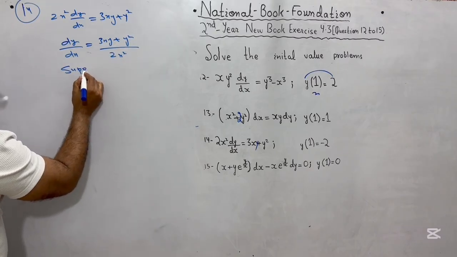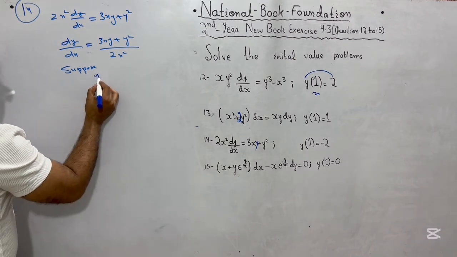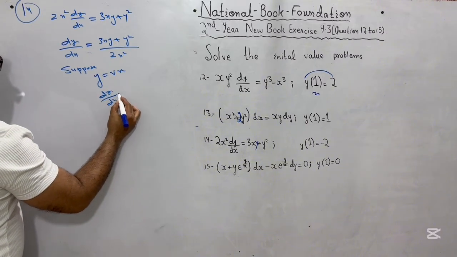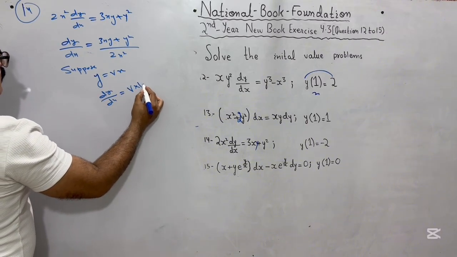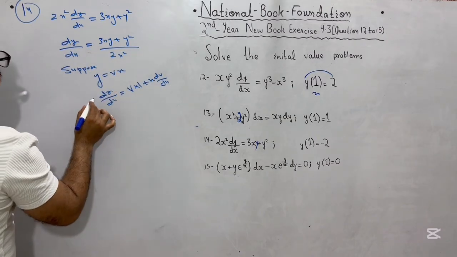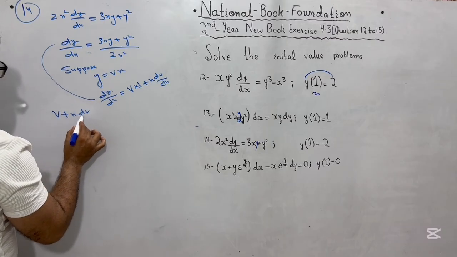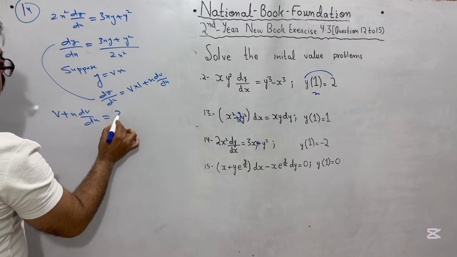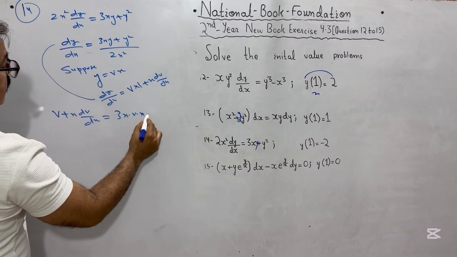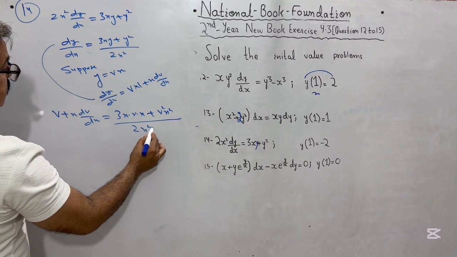Suppose y is equal to vx. In order to convert a homogeneous to a separable differential equation by using this substitution, differentiate dy over dx, apply the product rule here: v times 1 plus x times dv over dx. Product rule, manage both these values here, plug in: v plus x dv over dx equals 3 times x times y, y means vx, plus y square means v square x square, divided by 2x square.